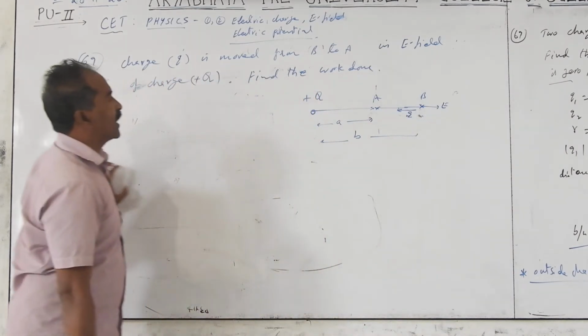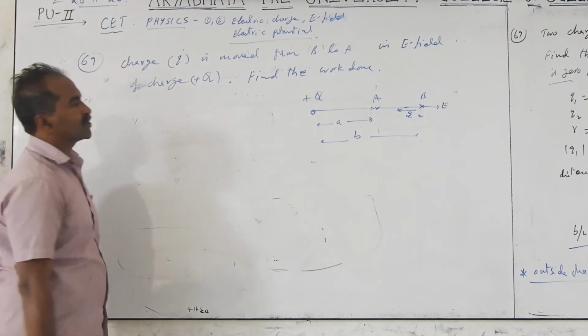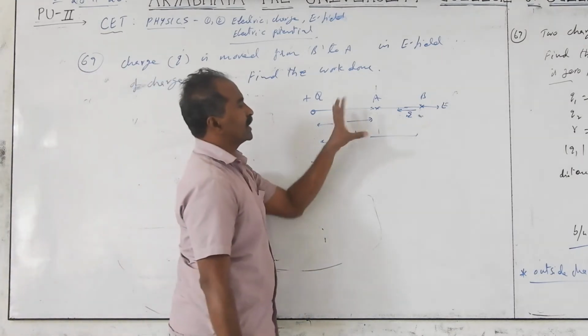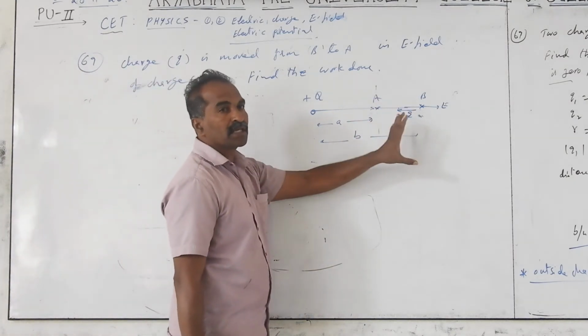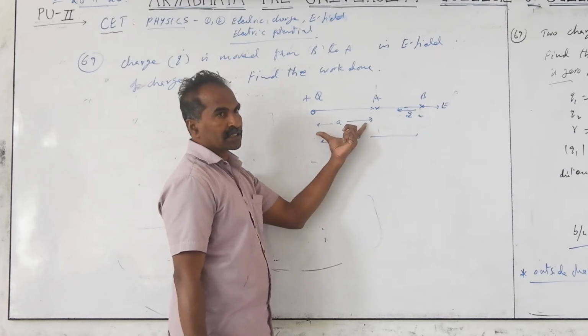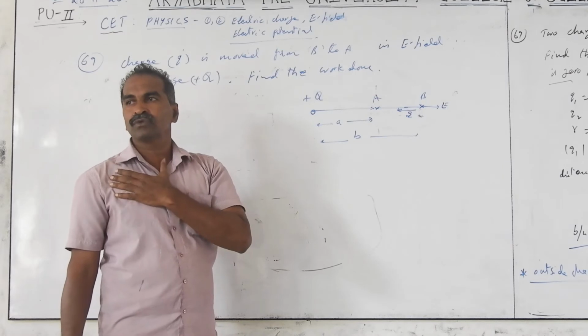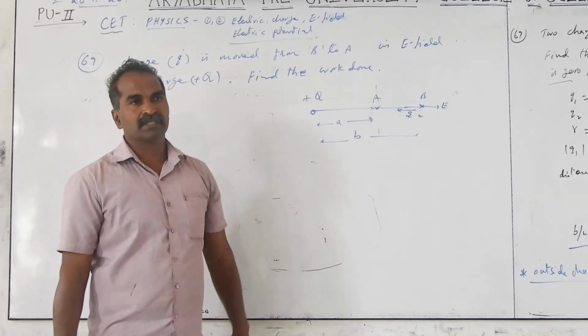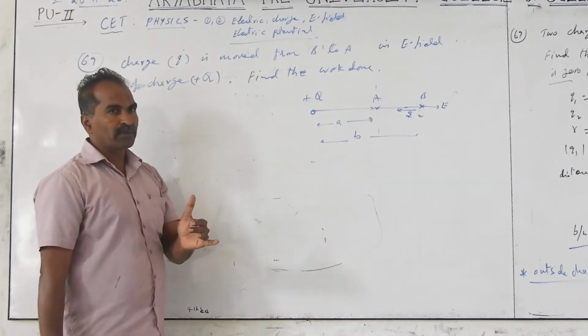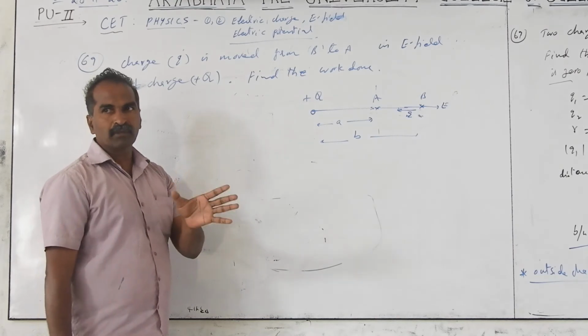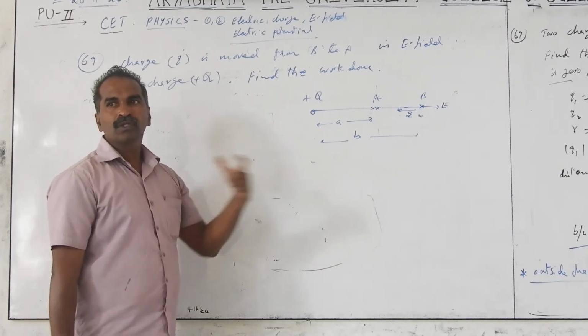So what is the work done in this process of moving the small charge q in the electric field from B to A? In the diagram you have to be careful which is A and which is B position, because of the distances. Work done in moving a charge is equal to charge into potential difference. Potential difference is W by Q naught from the definition. So dW becomes equal to Q naught into dV.